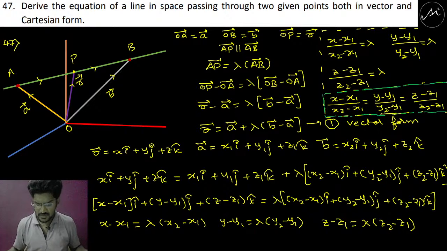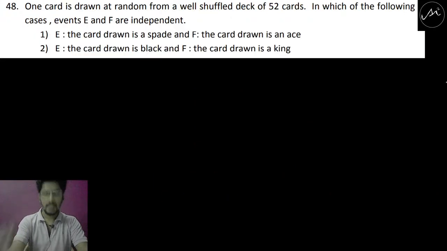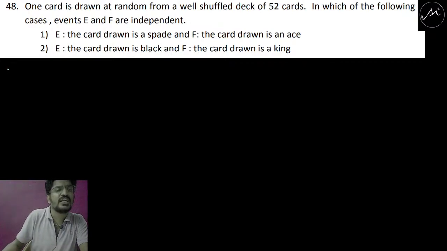Okay. So quickly tell me all of you, have you understood this? Quickly give me the thumbs so that we can go for question number 48. So you just see the question number 48.